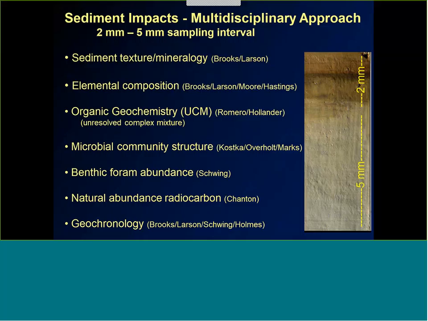Benthic foraminifera abundance, Patrick Schwing at USF, who was in that video. Natural abundance radiocarbon, Jeff Chanton, who was heard earlier today, and geochronology, or age dating, and that's what our group did. So what I'm going to focus on here primarily is the geochronology and the sedimentology, the texture and composition.